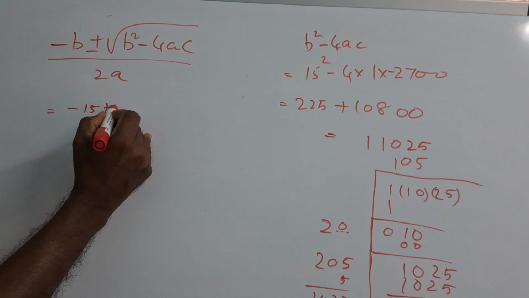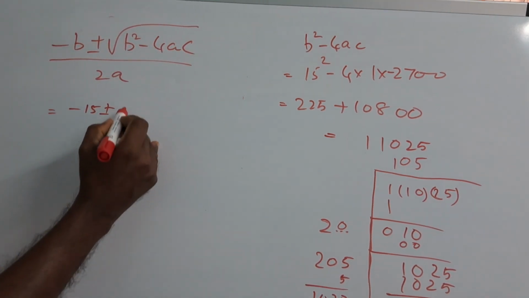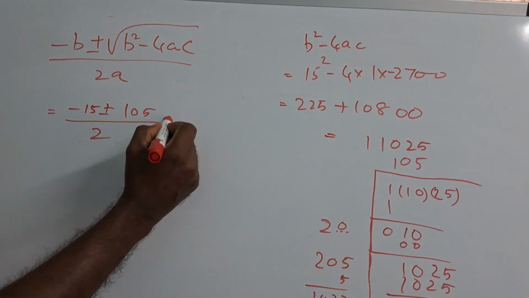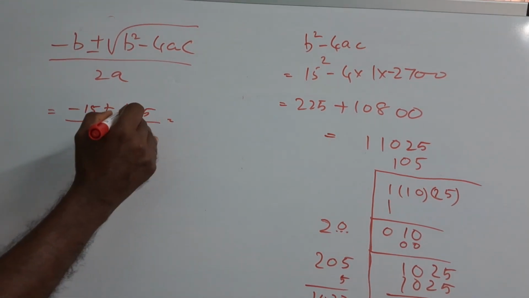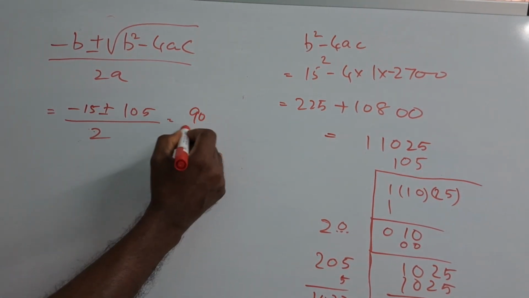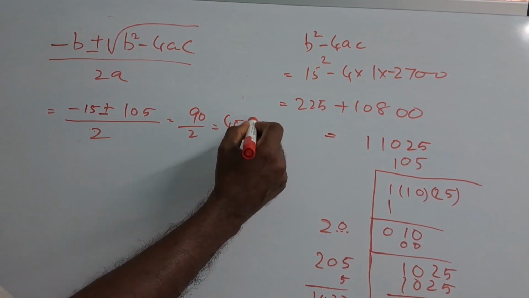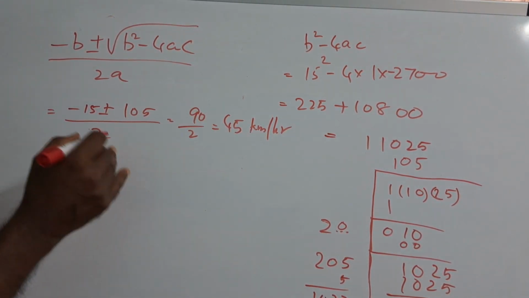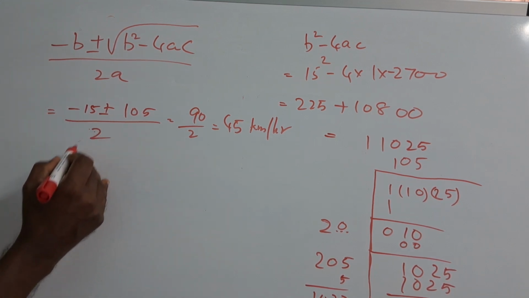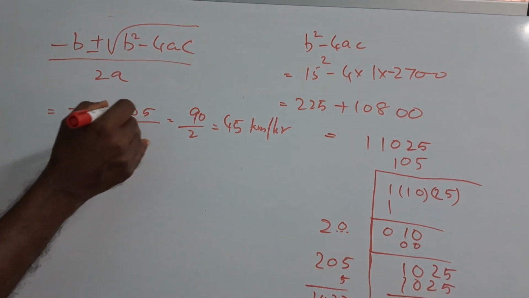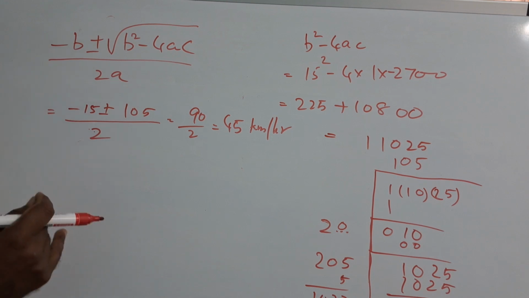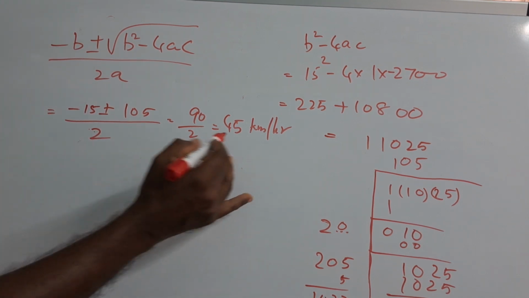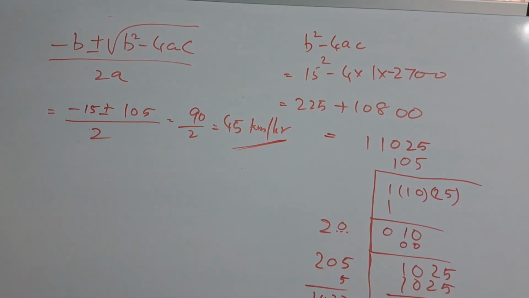Minus 15 plus 105 is 90 by 2, 45 kilometer per hour. The other is negative, which is not applicable here. Minus 15 minus 105 is minus 120, minus 120 by 2 is minus 60, which is not applicable. Original speed is 45 kilometer per hour.